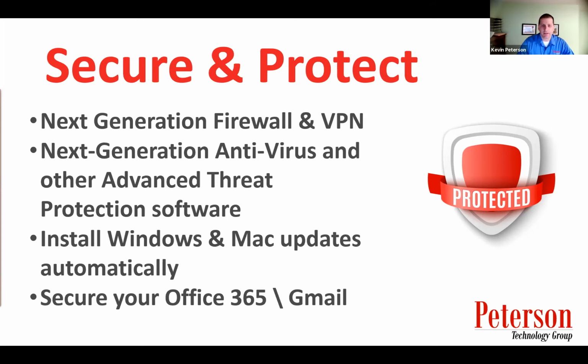And the last thing, my guess is that 99.9% of you are either using Gmail or Office 365 for email. If you have a committee or someone on staff or volunteer who set that up, there are some very important things that you can do to protect your environment. You can restrict what countries can log into your email. You can make sure you have multi-factor authentication turned on.